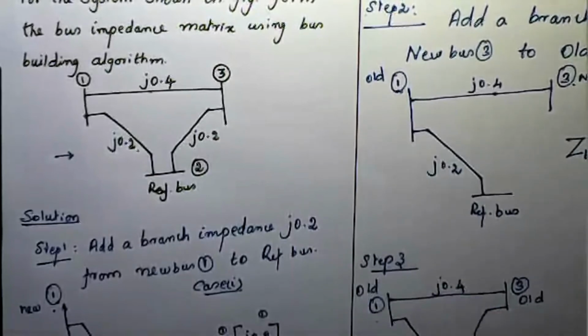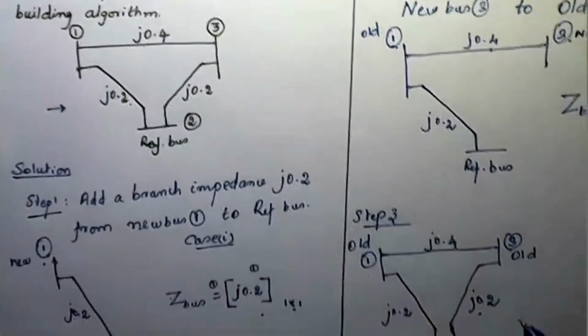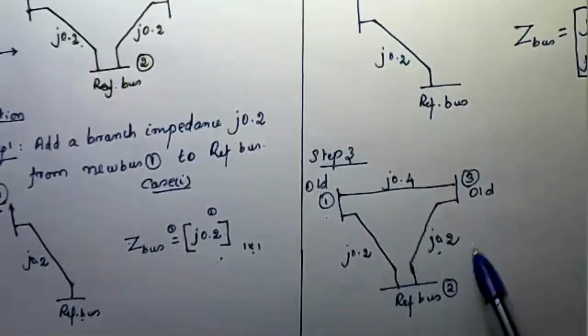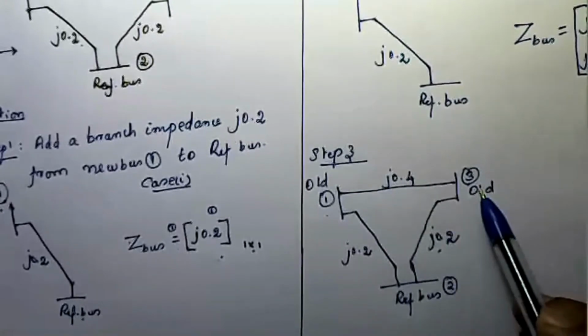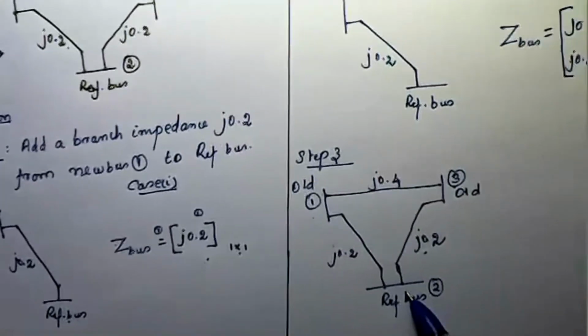Here in this step, add a branch of impedance J0.2 from old bus 3 to the reference bus.